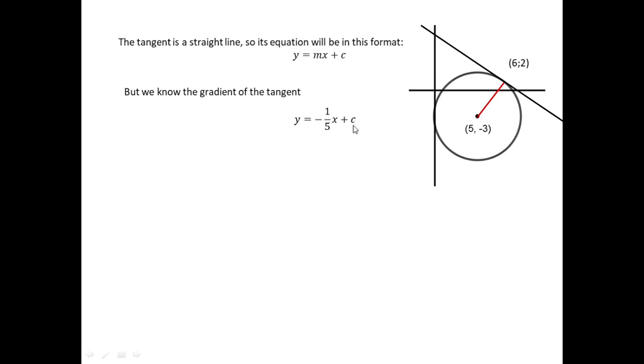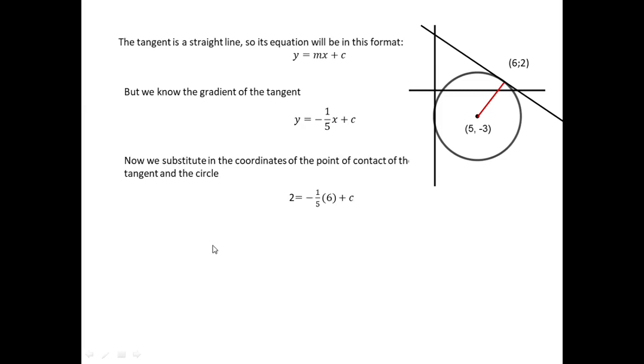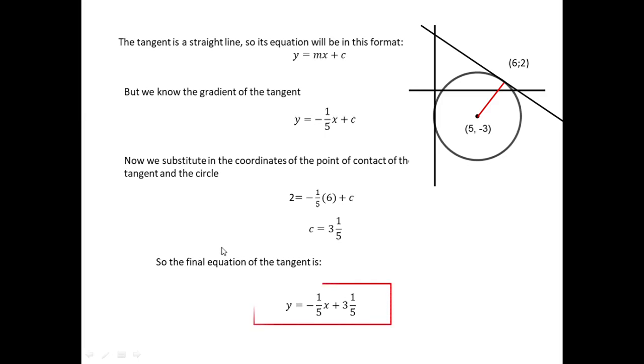The way we do that is by substituting in the coordinates of this point here, because this point is on the tangent. Substitute those coordinates in place of the x and y here, and then we can solve for c. So c is 3 1/5. So that means that the final equation of the tangent is that. Red box of glory.